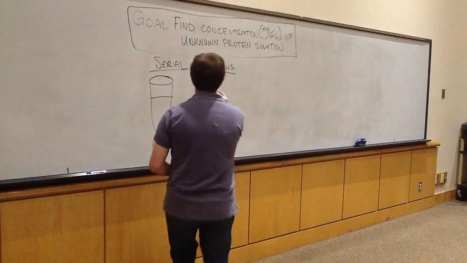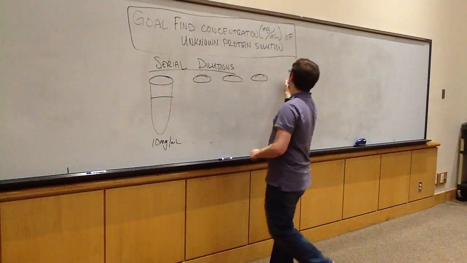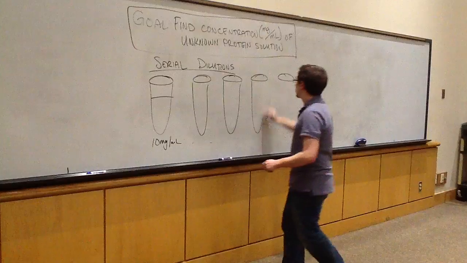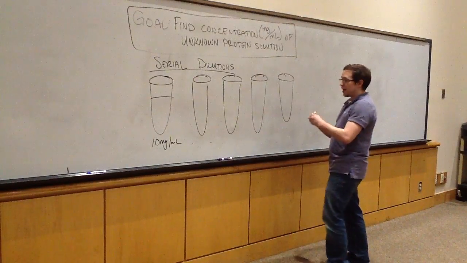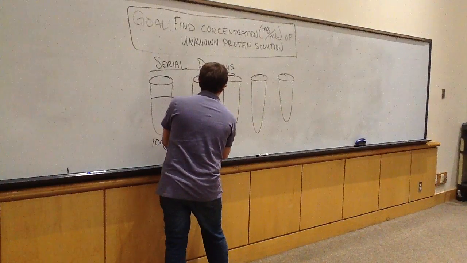So what you did was you took another 4 test tubes. And you placed 1 milliliter of water into each of those test tubes.